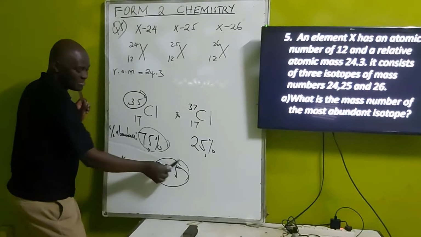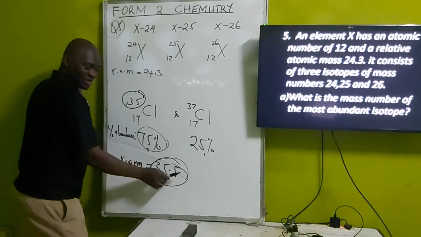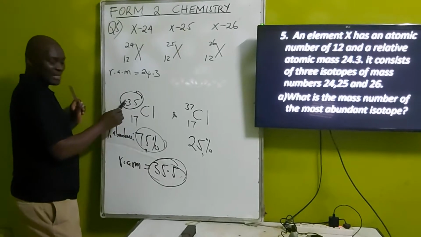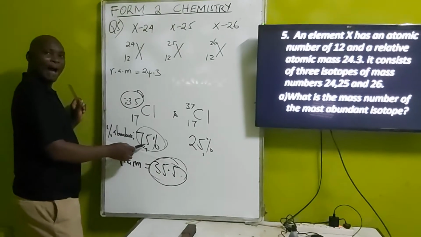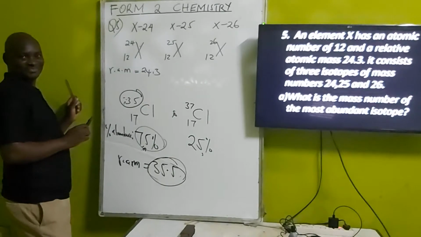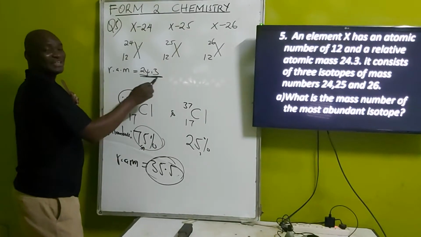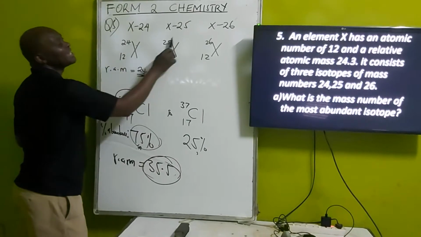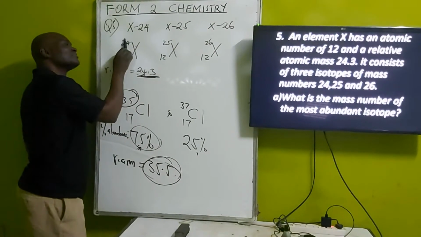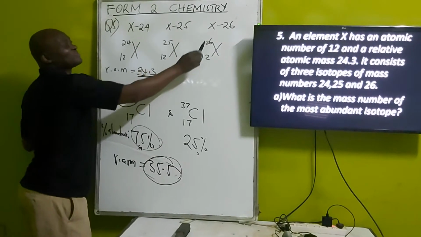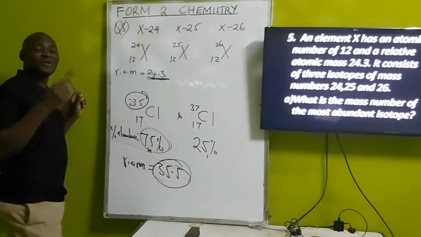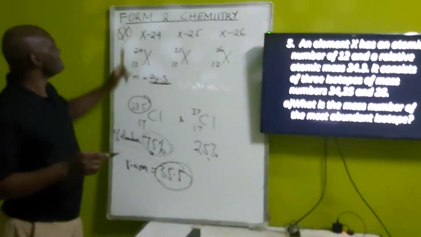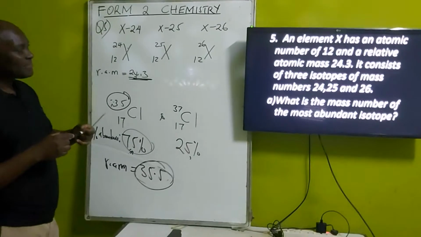The relative atomic mass is closer to the mass number of the more abundant isotope. This relative atomic mass should be closer to the one which is more abundant. It can either be closer to 24, closer to 25, closer to 26, but it must be closer to the mass number of the most abundant isotope.